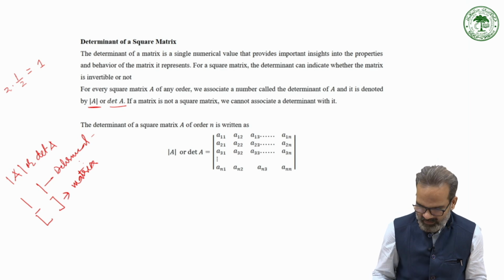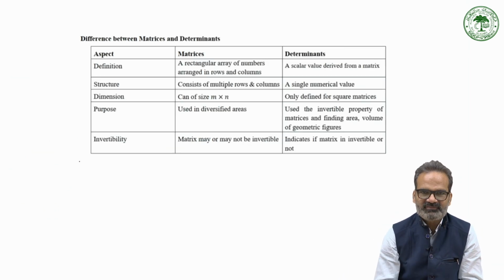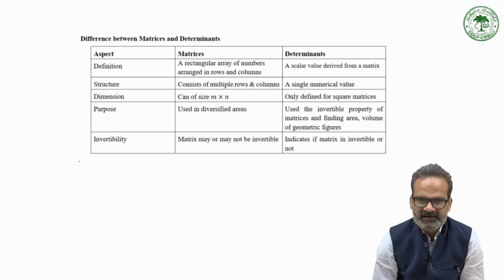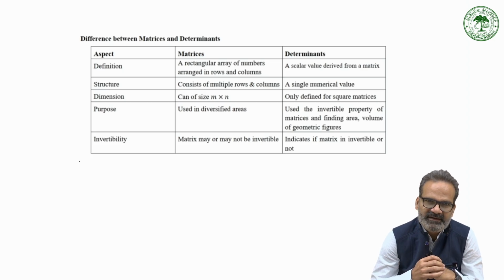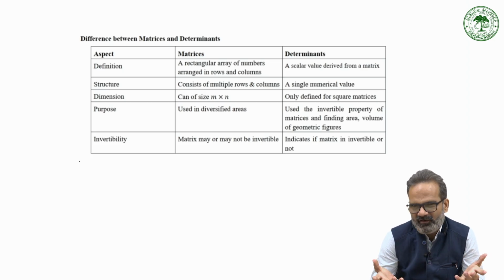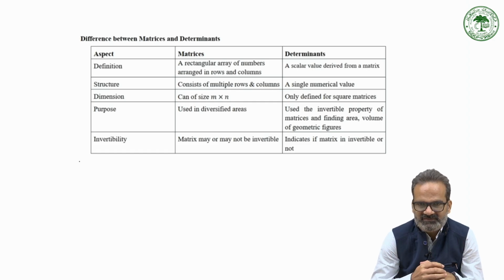So how is the determinant defined? Before having the formal definition of a determinant, let us have a look at the basic differences between determinant and matrices. A number of differences are there, but for your convenience I have taken only a few to make things clear.